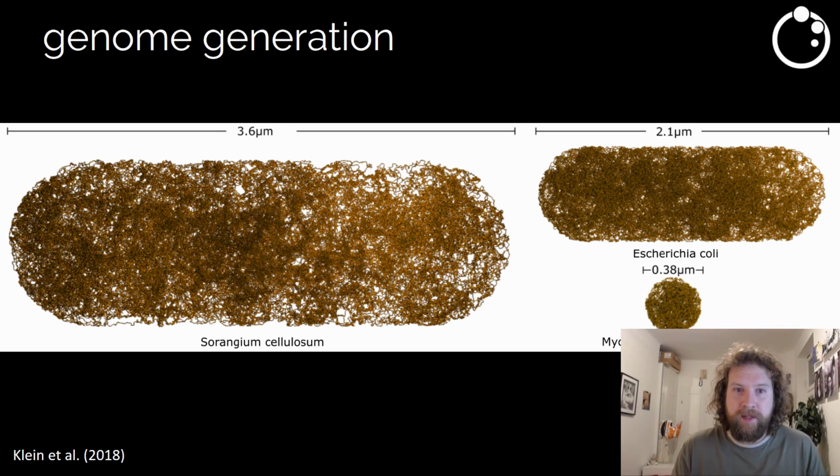And we made it scalable, so we can create this DNA for viruses, but also for bacteria, which are way larger than viruses. Here we can see an example of three bacteria, and the size of the DNA molecule that would be inside of them.